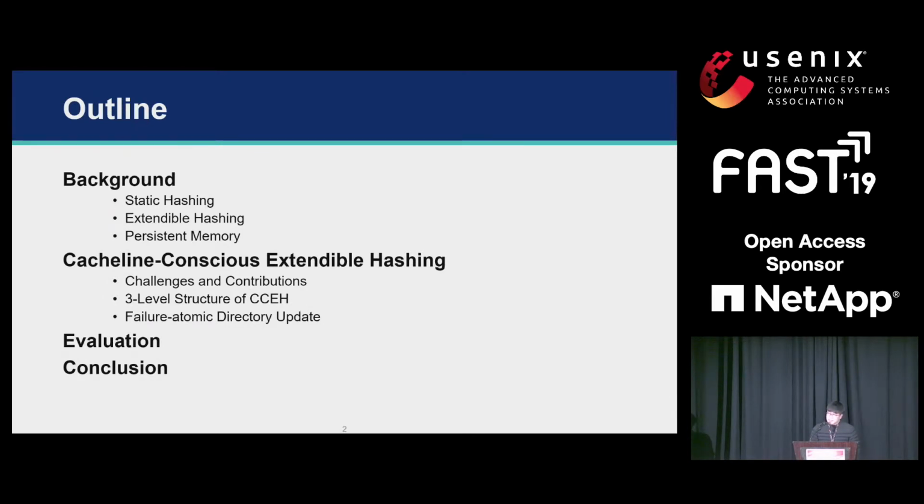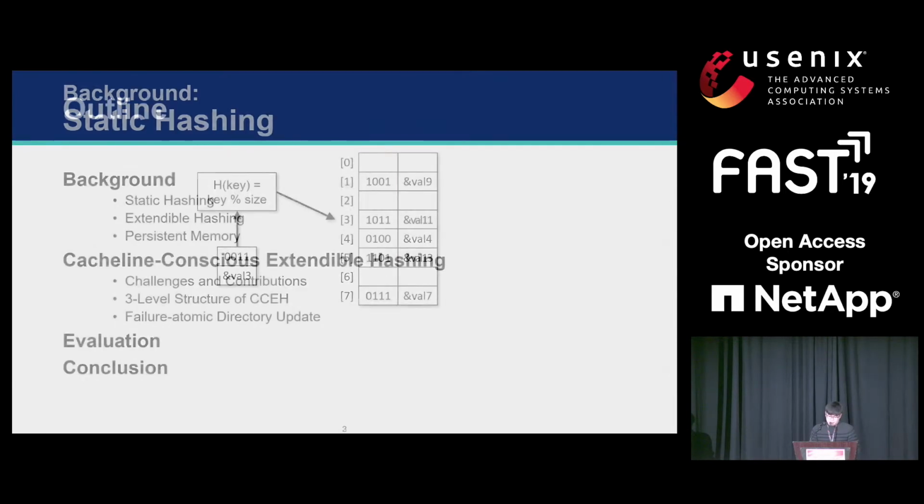So we designed the Cacheline-Conscious Extendible Hashing scheme to overcome such challenges. In short, we call it CCEH. After introducing how we designed the Cacheline-Conscious Extendable Hashing, I will present our performance study, then I will conclude the talk.